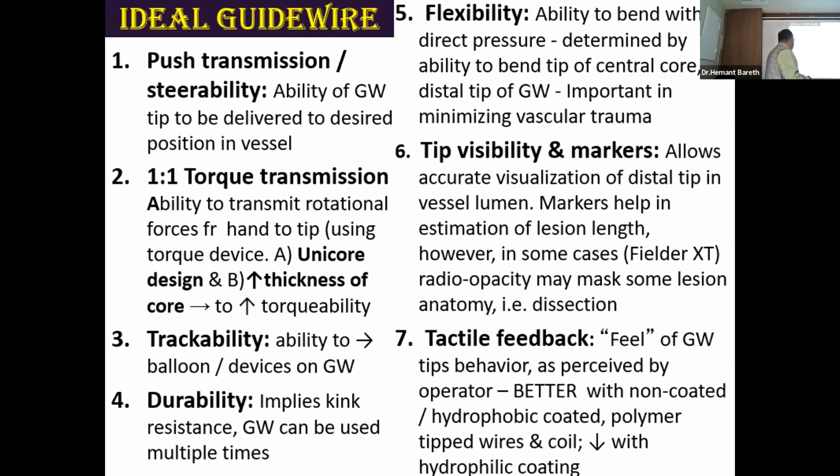Then the fourth thing is durability. Durability means kink resistance. As you might imagine, if you take a guide wire, normally a wire has a core which ends somewhere just before the tip, and it is connected to a coil. You can see this is a guide wire, and there is a coil here at the end. So durability means that you can bend this coil and make a particular shape of the tip.